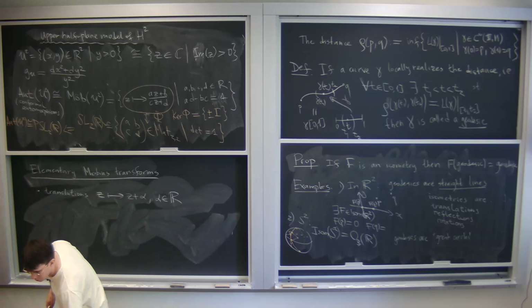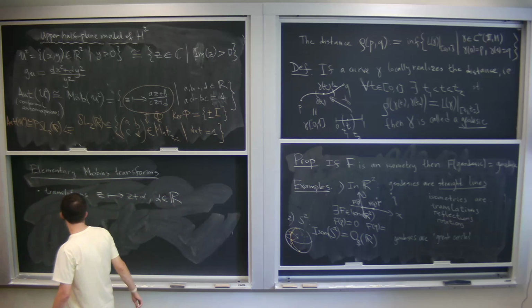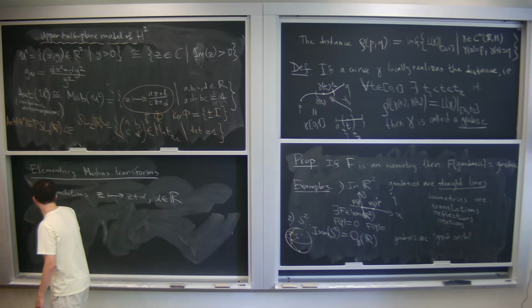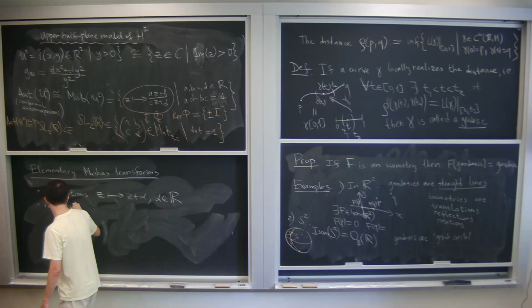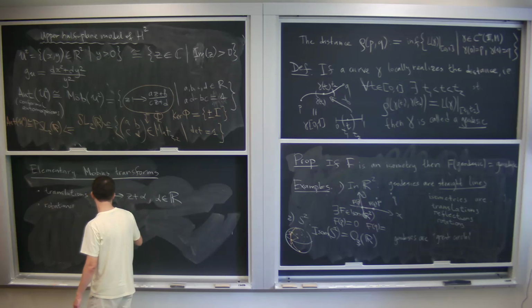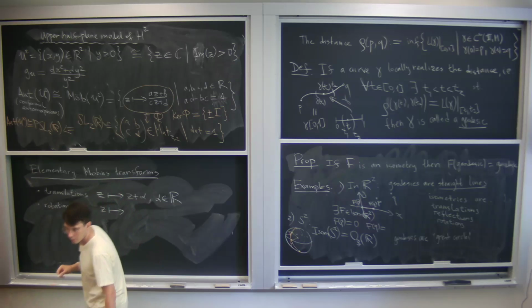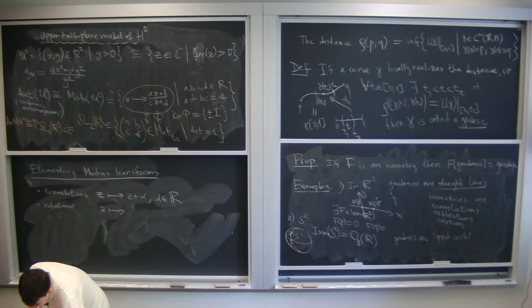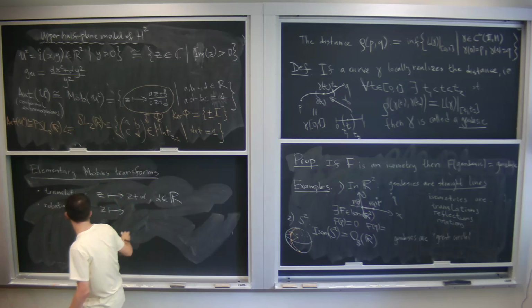I hope I will have time to say a few words about geodesics, and then we will stop. So translations, and rotations around points. So they look like that. I think I will just write it in general.